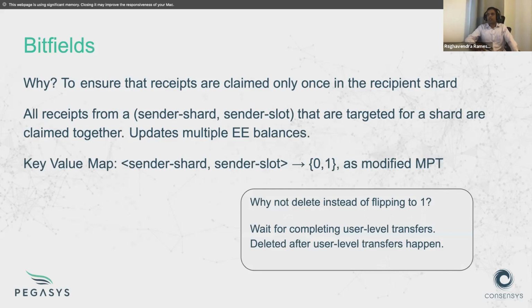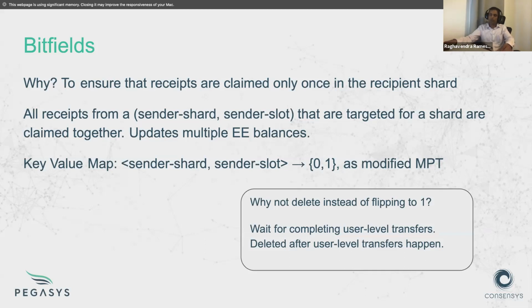We need to understand another notion called the Bitfield tree. The reason these Bitfields are used on the recipient shard is to ensure that the receipts are claimed only once. Let's say on the sender shard, in a slot n, there are multiple receipts targeted for a single recipient shard.